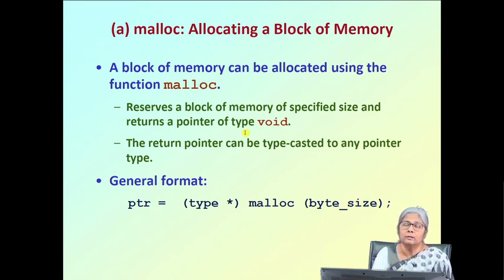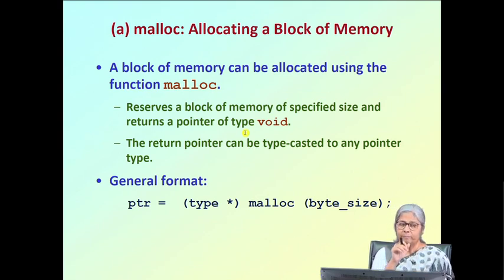Different data types, such as integer, float or character, take a different number of bytes for storing variables. That is why, being general, it first allocates some memory and the pointer it returns is of type void.